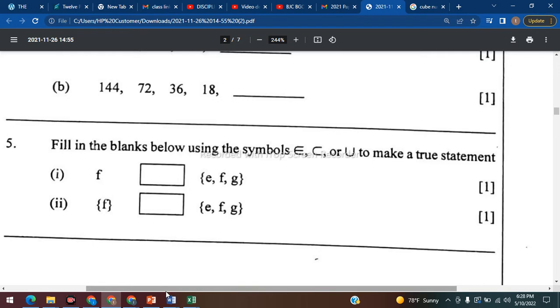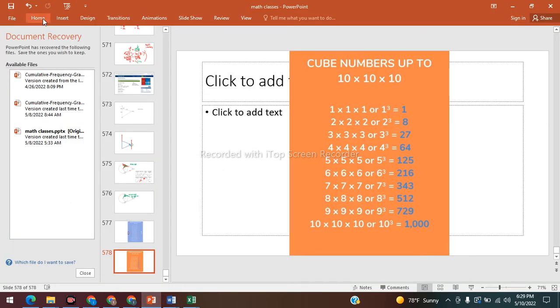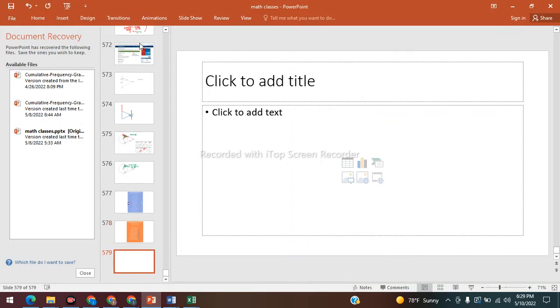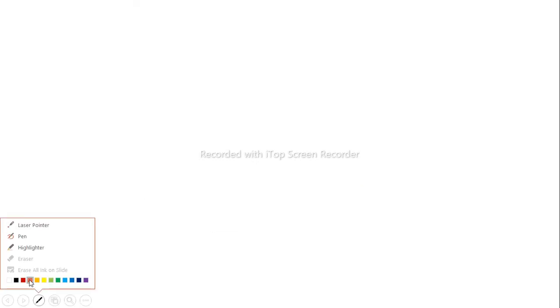So let me show you what it's actually trying to say. We have this main set containing what? E, F, and what else?